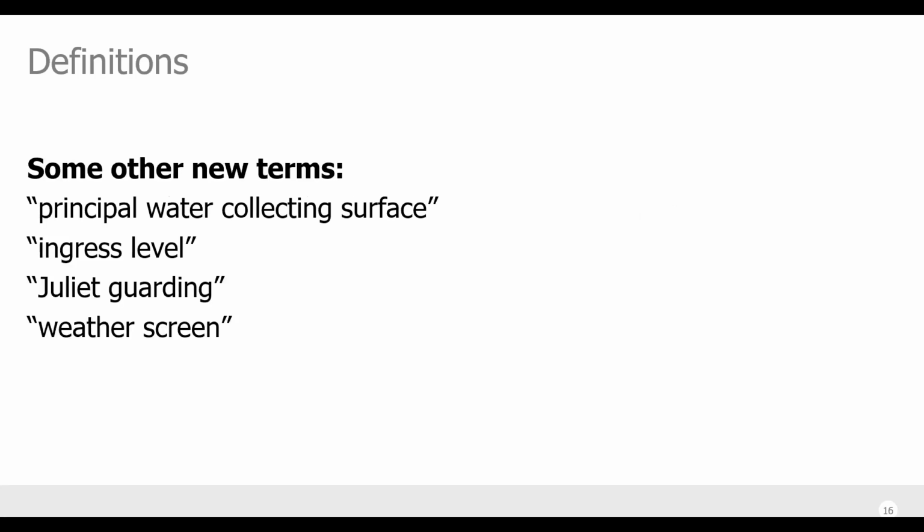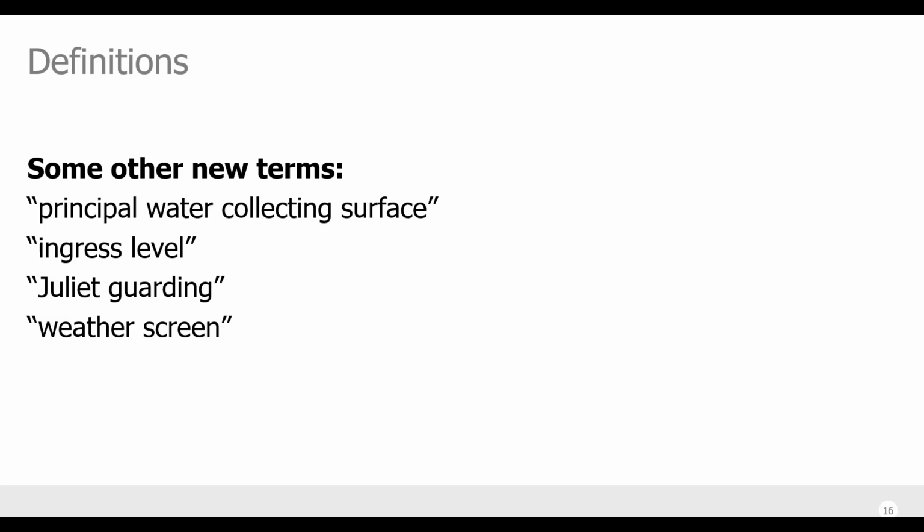Next slide, please. Other new terms: principal water collecting surface is a new term that is coined for various reasons that will become apparent later on in the presentation when we start talking about drainage and water management and hydraulics. Ingress level is another new term, which is the point at which water will, if backed up on a terrace, enter the building, and is a critical datum or line that needs to be considered in the design, particularly of terraces, but balconies also.